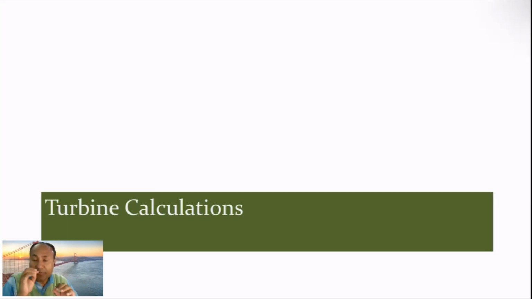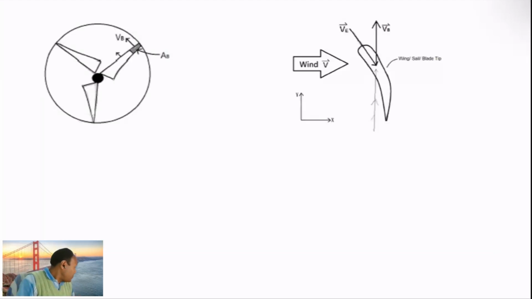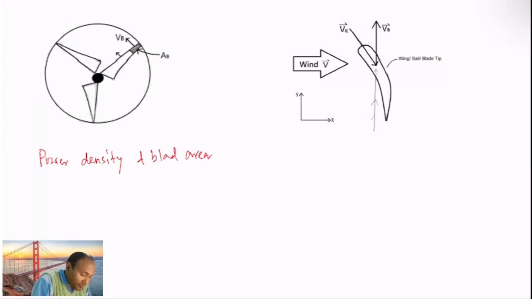Now we'll actually look at the basic turbine calculation, and from there we try to estimate the power and all these things. So what we do, we'll try to estimate power density and blade area.